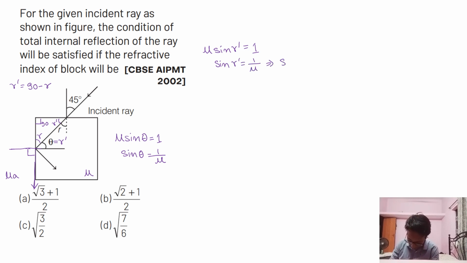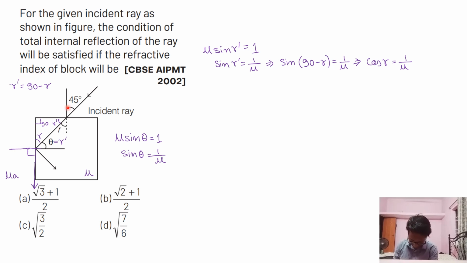What is sine r dash? Sine r dash is nothing but sine 90 minus r is equals to 1 by mu. And by trigonometry, we know sine 90 minus r is nothing but cos r, which is equals to 1 by mu. So cos r is 1 by mu. The question is asking, what is the refractive index of the block?